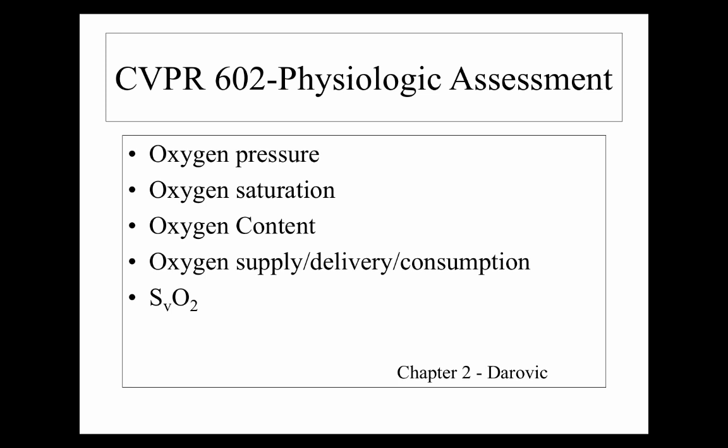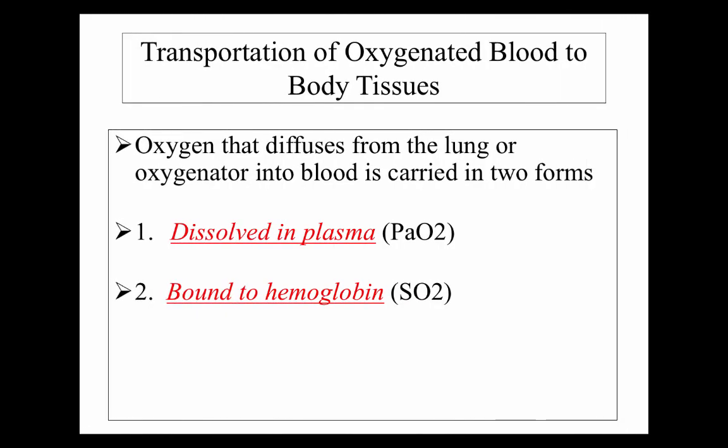So now that you've reviewed that video on blood, let's specifically look at how oxygen is carried through the blood. Oxygen that diffuses from the lungs or from our membrane oxygenator into the blood is carried in 2 forms.